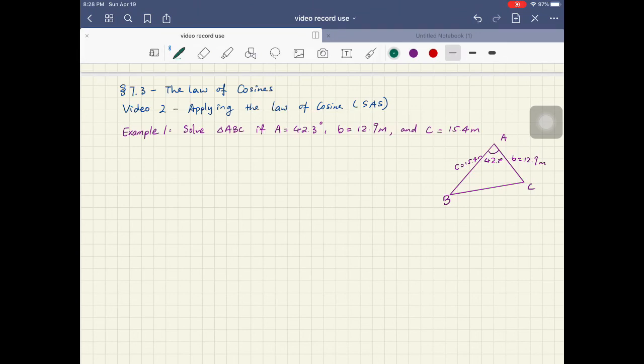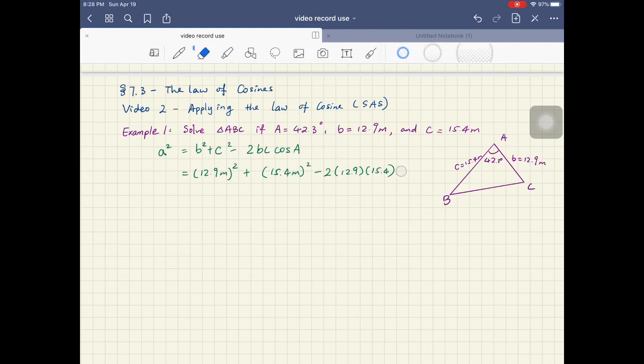We're looking for side A. According to the law of cosine, A squared is B squared plus C squared minus 2 times B times C times cosine of A. Now plug in what we know: B is 12.9 meters squared, C is 15.4 meters squared, and angle A is 42.3 degrees.